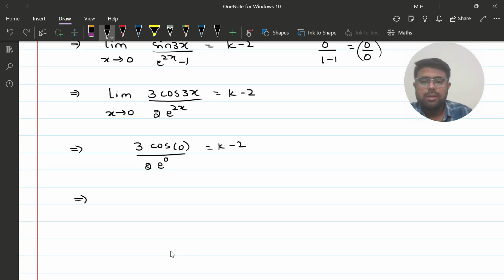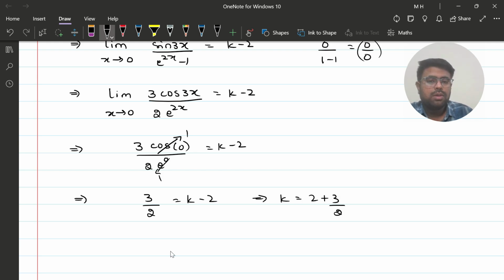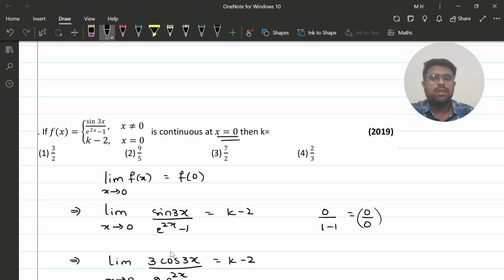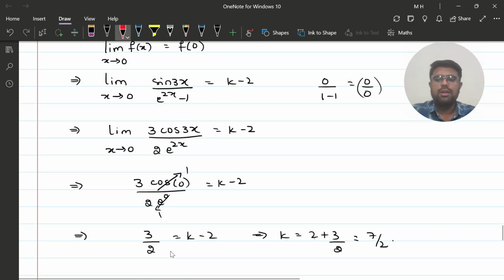So this will give me 3 by 2 into cos 0 is 1, e raised to 0 is also 1, equal to k minus 2. So therefore k is equal to 2 plus 3 by 2, which is 2 2s are 4 plus 3 is 7 by 2. So therefore the answer is 7 by 2, that is option C, that is option 3.